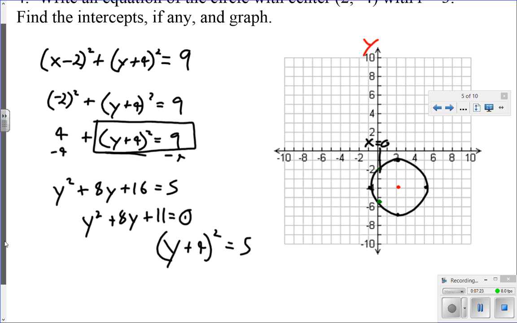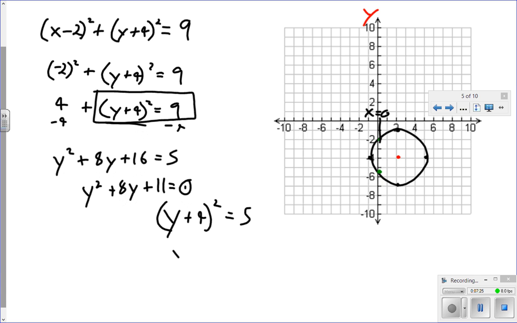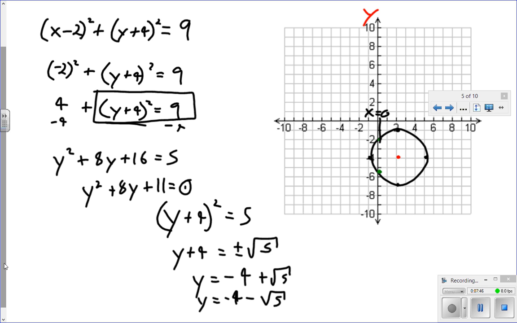So now to get my solutions, I square root both sides, and I get y plus 4 is equal to plus or minus the square root of 5. Subtract 4, and I get y is equal to negative 4 plus the square root of 5. And I get y is equal to negative 4 minus the square root of 5.